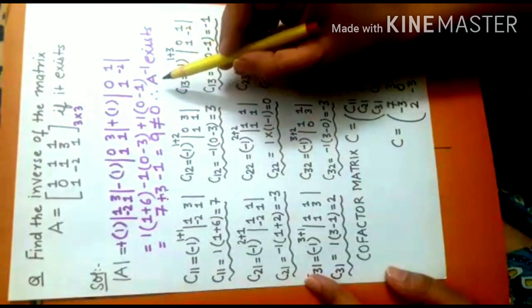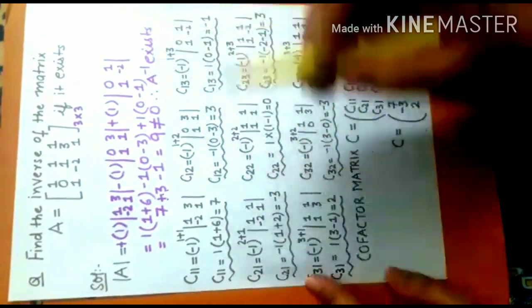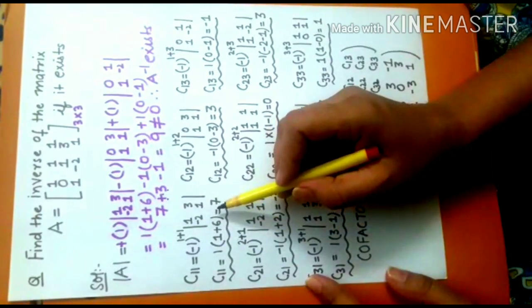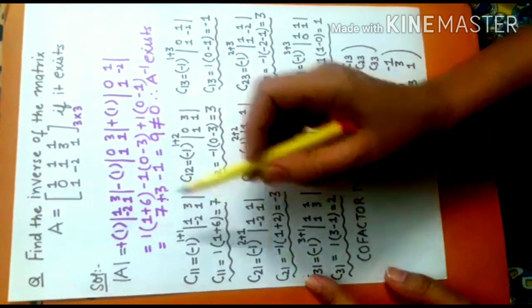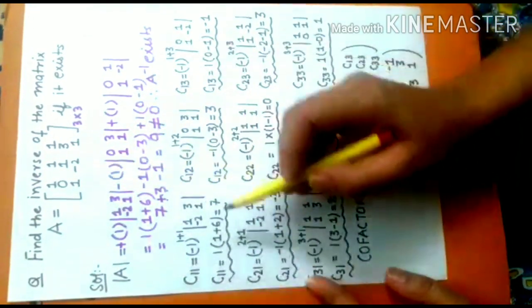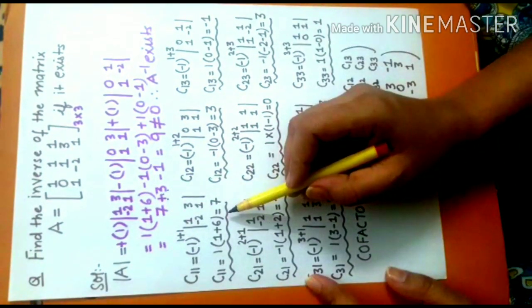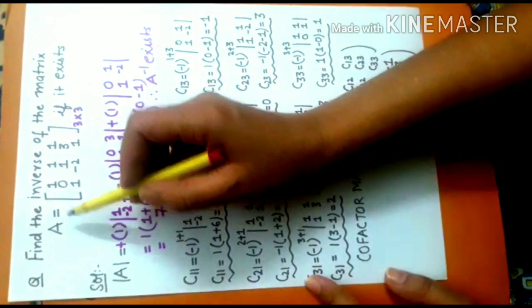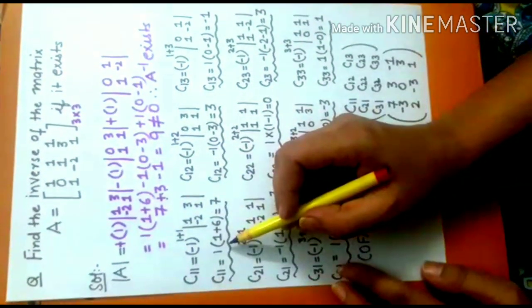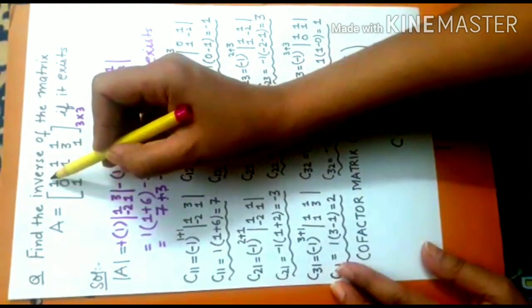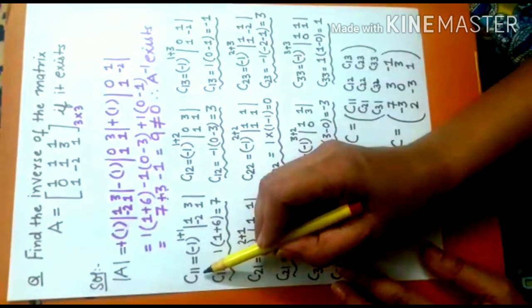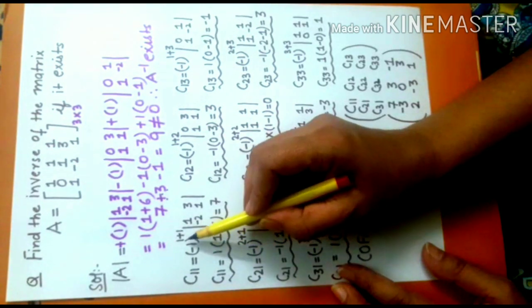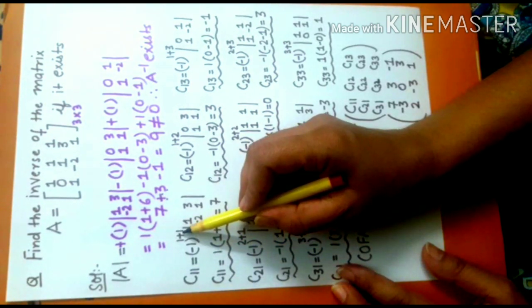So now A inverse exists. So in order to find out A inverse, we need to find out the adjoint of the matrix A. So we will find out the cofactors of all the elements of the matrix A. So the cofactor of the first element A11 is denoted by C11, which is equal to minus 1 raised to the power i plus j.